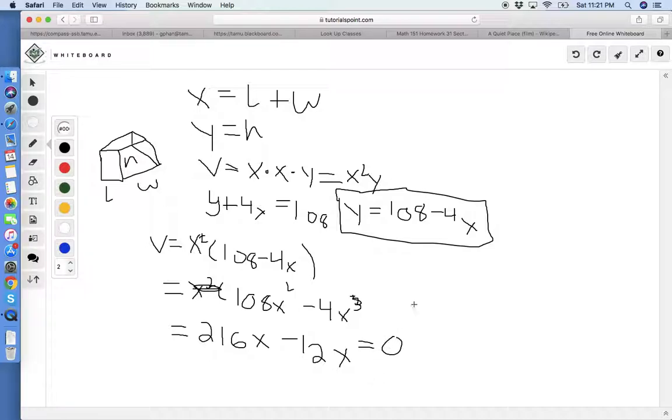And so with this equation, we can take a 12x out of each. So let's rewrite this. 12 divided by 216 is 18.